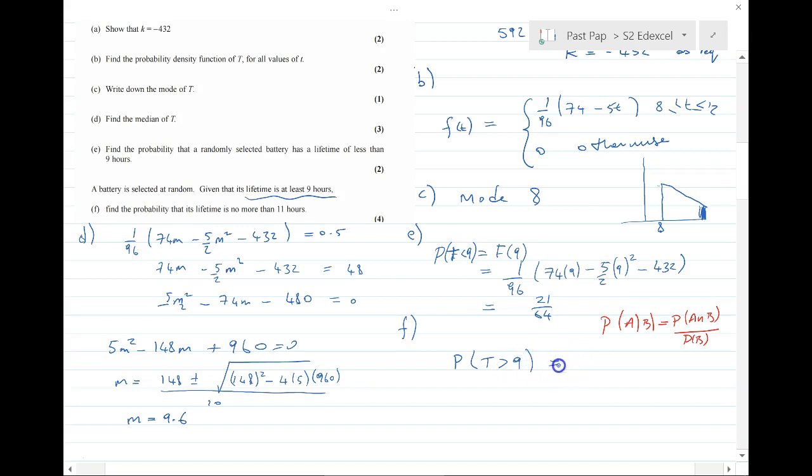Now that equals, it can be equal to as well, but it's continuous, so it doesn't matter. That equals 1 minus F9, and we've got F9 above, so that equals 1 minus 21 over 64, which is equal to 43 over 64.